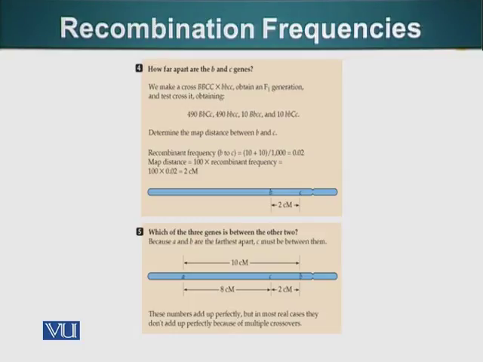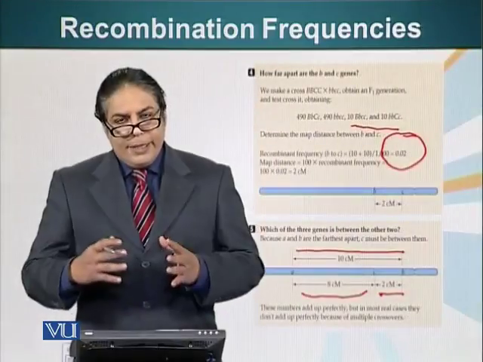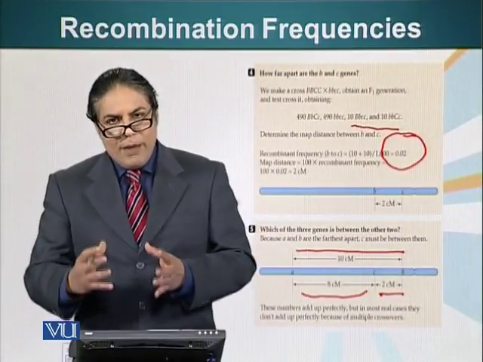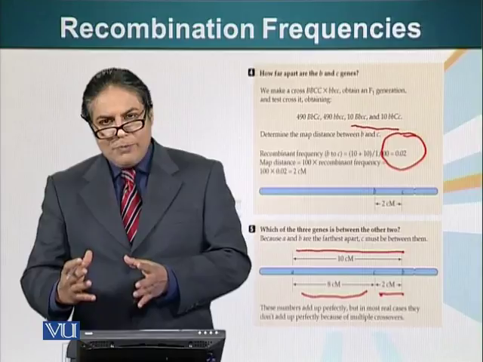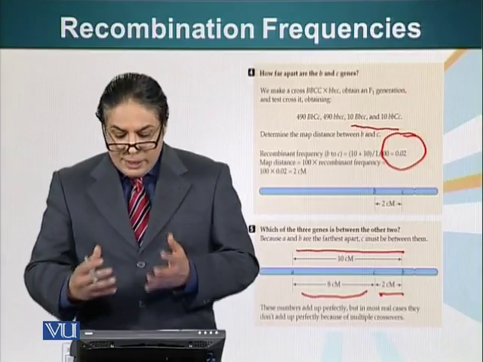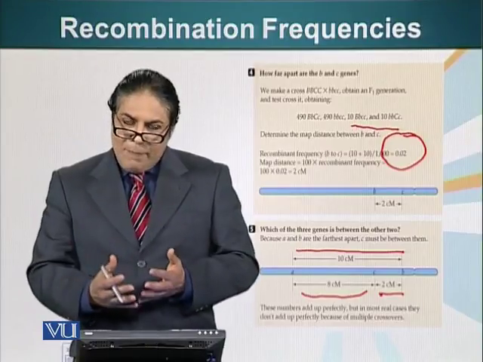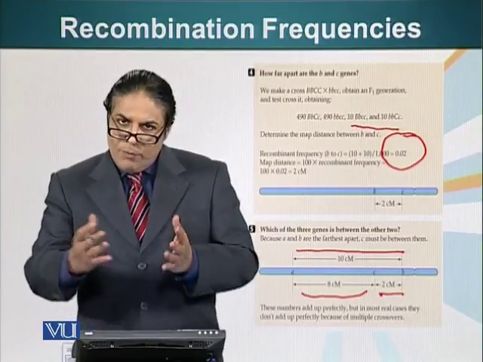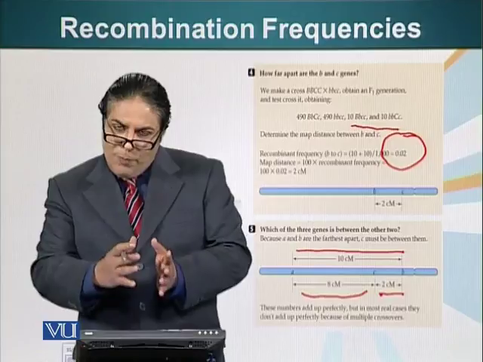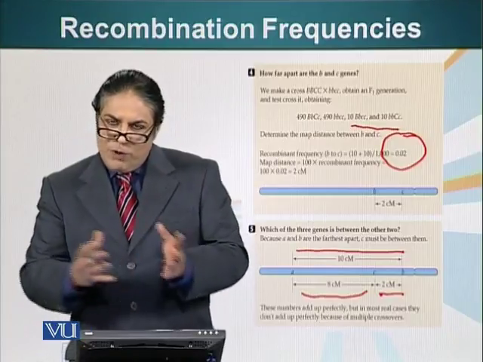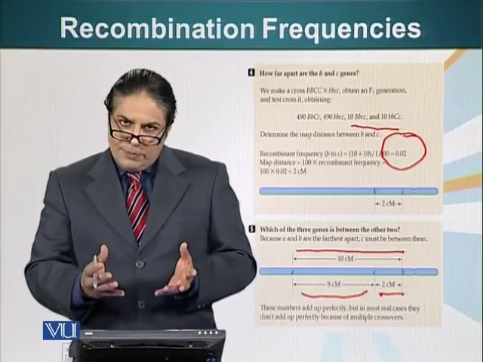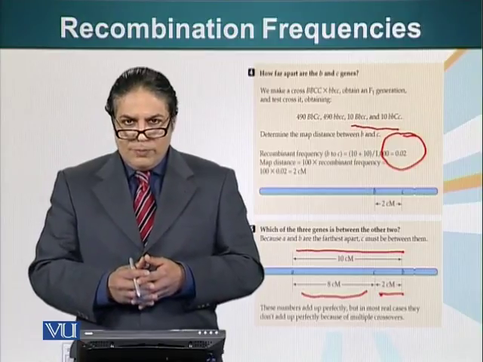A and B are 10 centimorgans apart, A and C are 8 centimorgans apart, and C and B are 2 centimorgans apart. This is how geneticists were able to make genetic maps for different organisms, and this information had practical applications also. You could predict the recombination frequency between, for example, two genes present on the same chromosome.